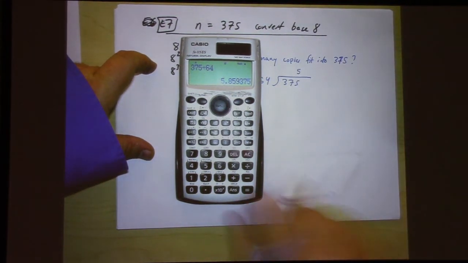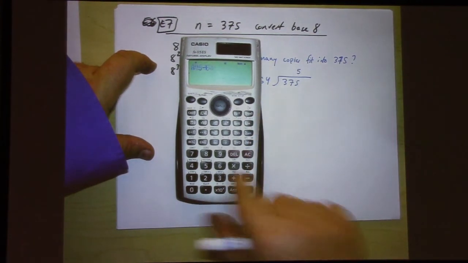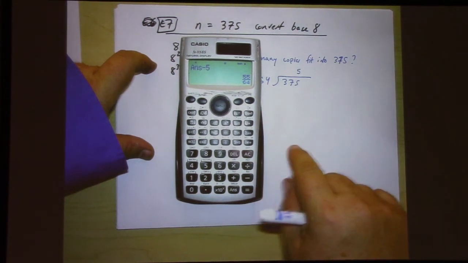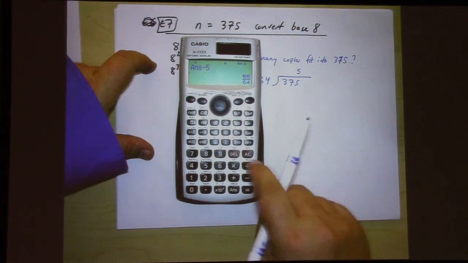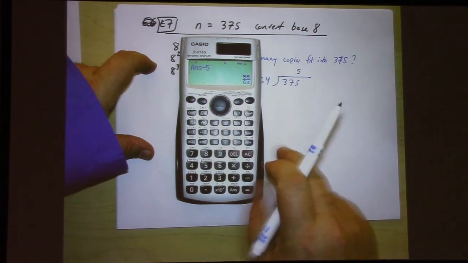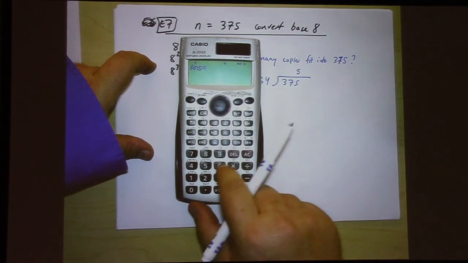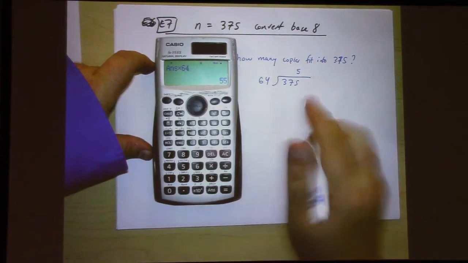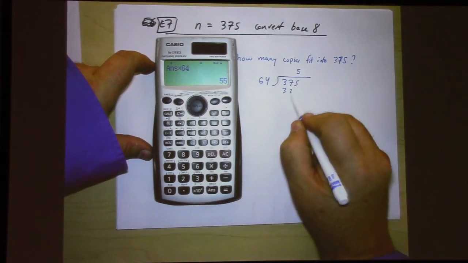And so if I do 5 times 64 and subtract that from the number, that gives me the remainder, which is going to be 55 is my point here. So 5 times 64 is 320.